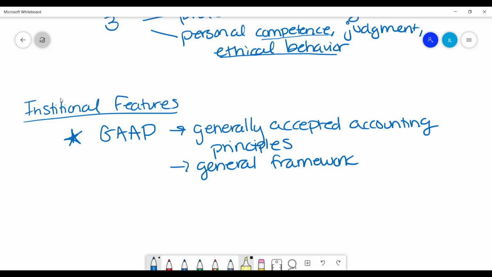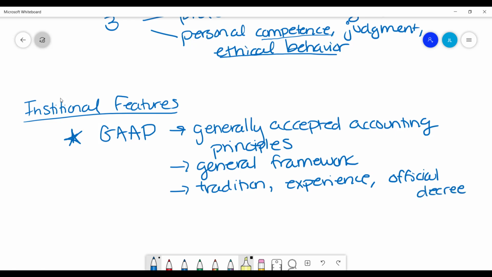Okay? GAAP can change at any time. It changes over time. It's dynamic. Okay? And it really comes from a mixture of tradition, meaning just this is how accountants have done it all these years. But it's a mixture of that, a mixture of experience, and then official decree, meaning there are standards put in place, laws that need to be followed.